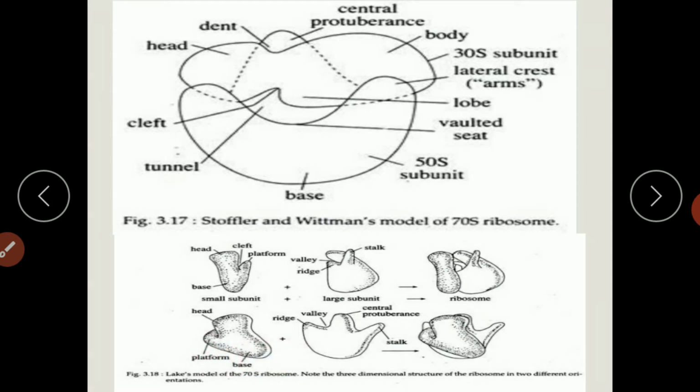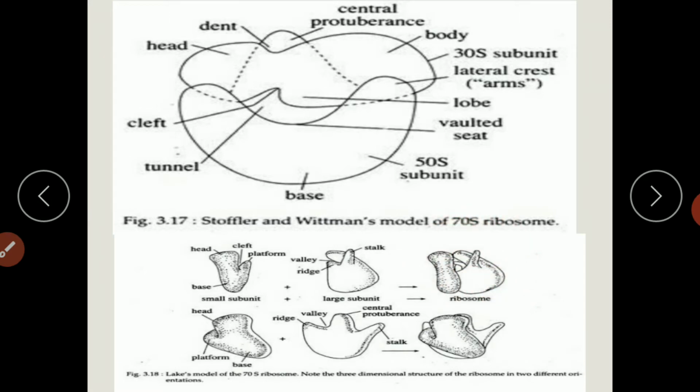So this is a three-dimensional structure put forth by Lake. This is the smaller subunit, this is the larger subunit, and when united, this is the complete ribosome, that is the 70S ribosome.